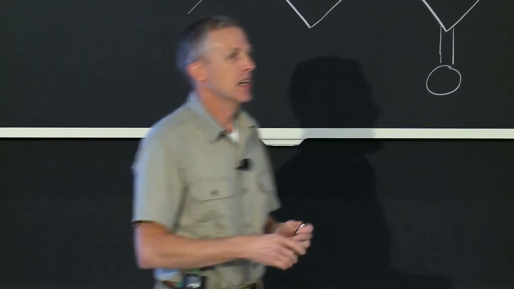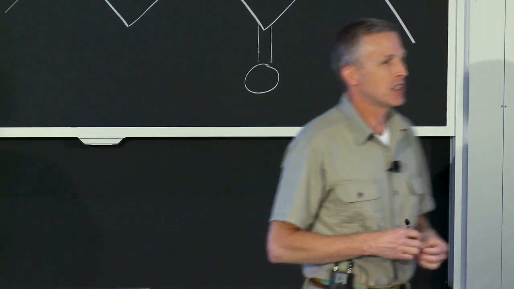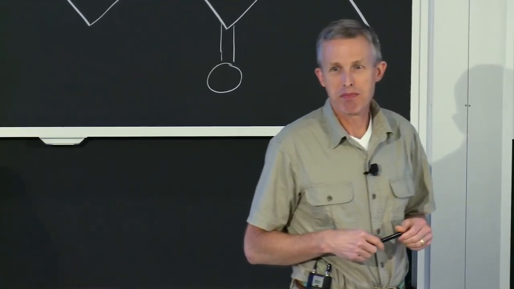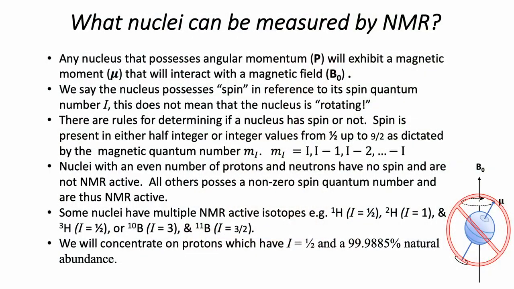All right, so unfortunately, not all nuclei can be measured by NMR. Any nucleus that possesses angular momentum will exhibit a magnetic moment that will interact with a magnetic field. Just like electrons, if you learned in general chemistry about the quantum numbers and spin, it's the same for nuclei.